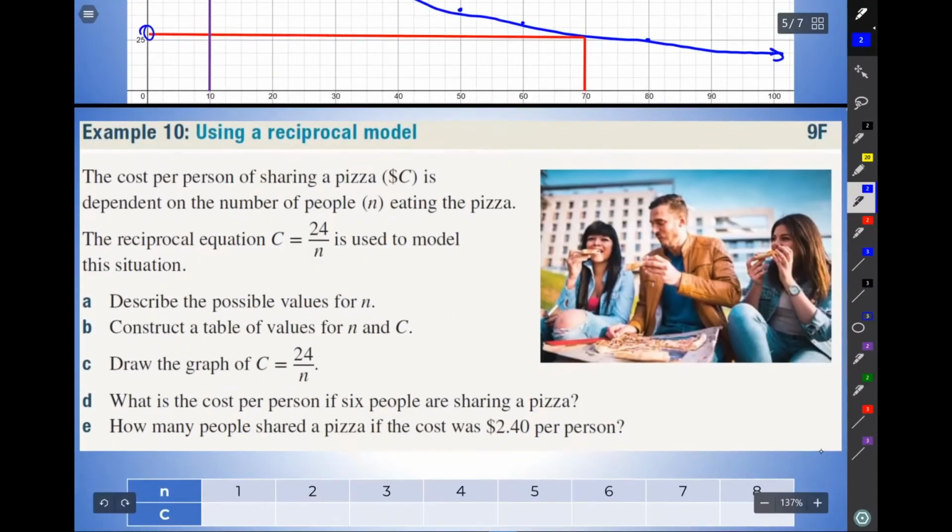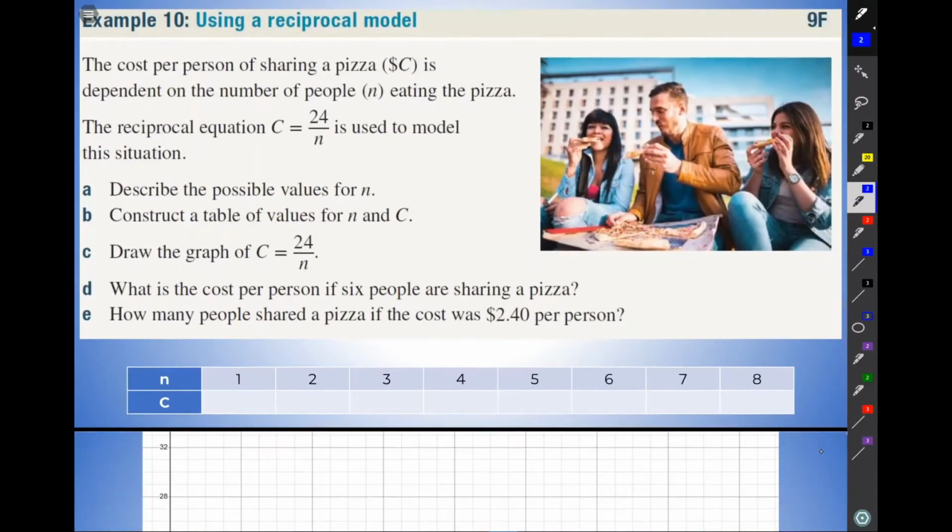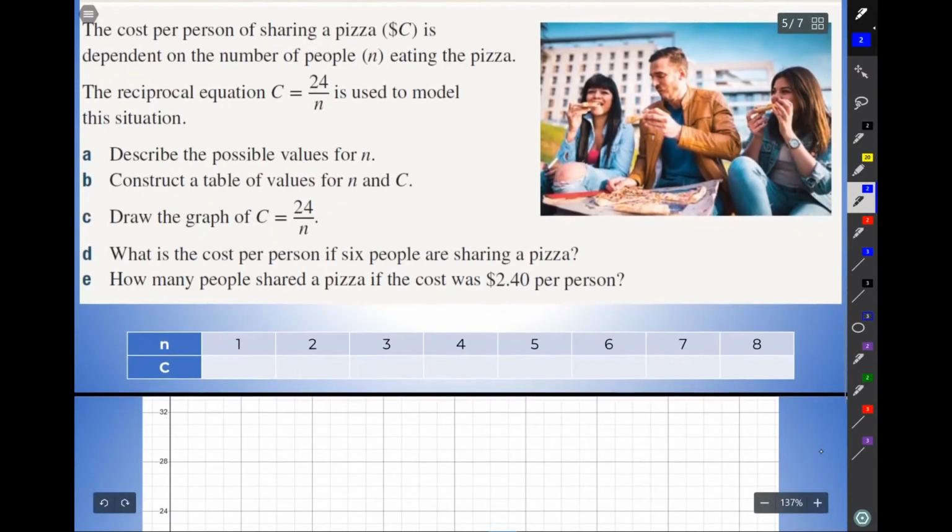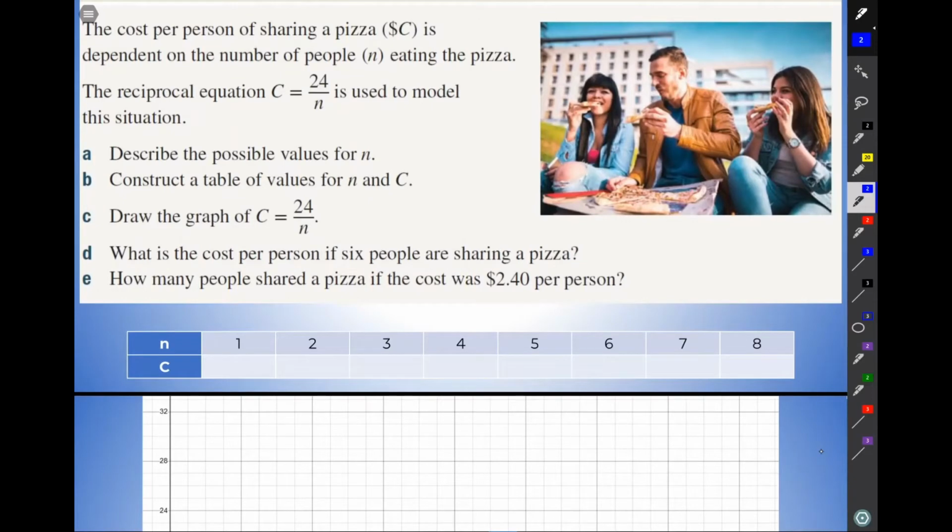So yeah, let's have a look at another one. Here we have the cost for each person that shares a pizza, which obviously depends on how many people eat the pizza. So let's fill in our table of values.